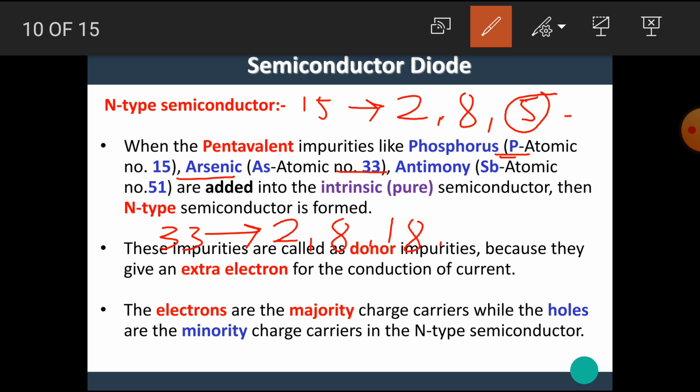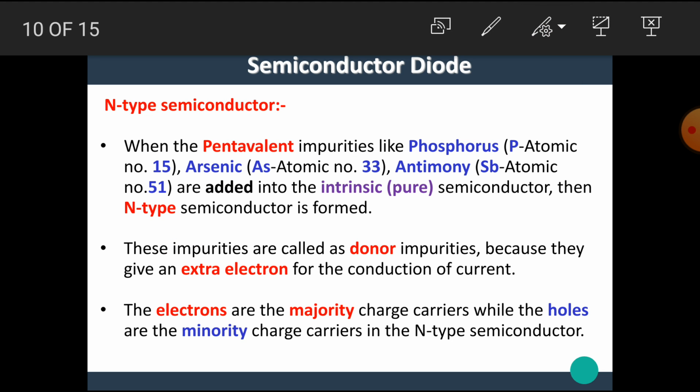Hence, the remaining 5 electrons are in the valence shell or the outermost orbit. The outermost orbit contains 5 electrons, hence arsenic is also a pentavalent element. I hope you all understand what is meant by pentavalent impurities or pentavalent element.